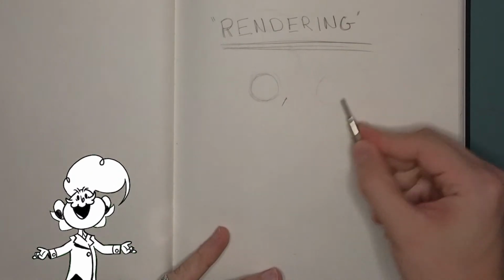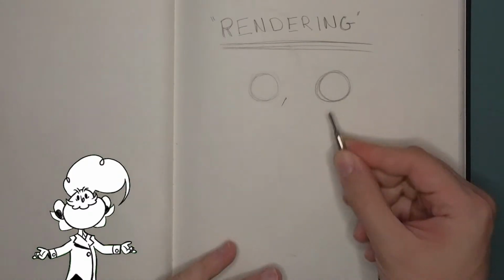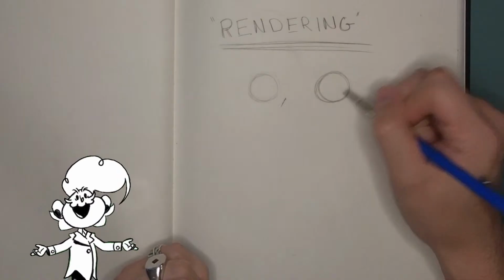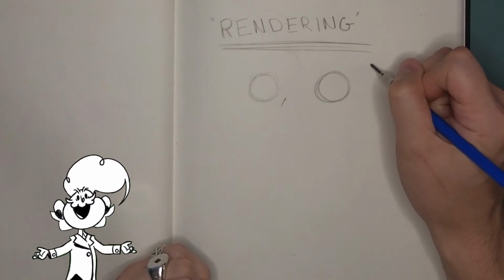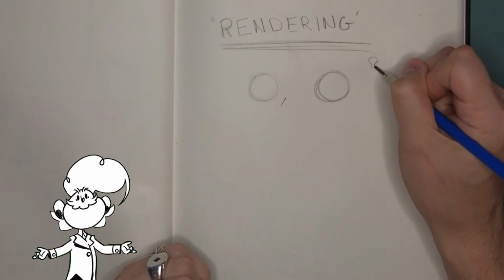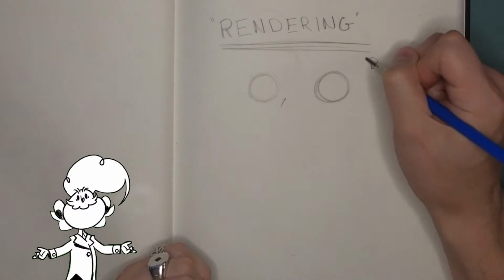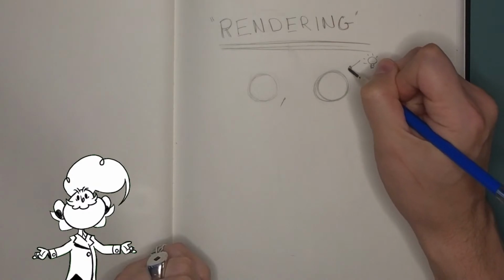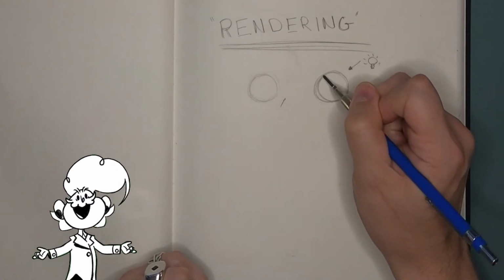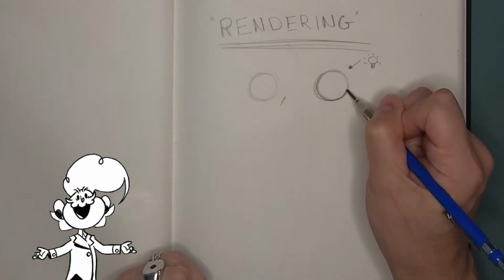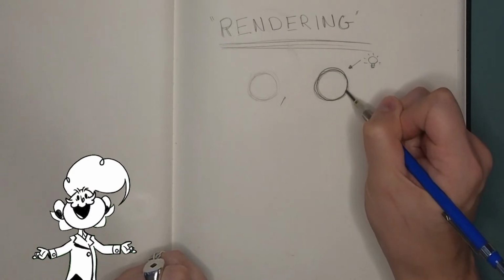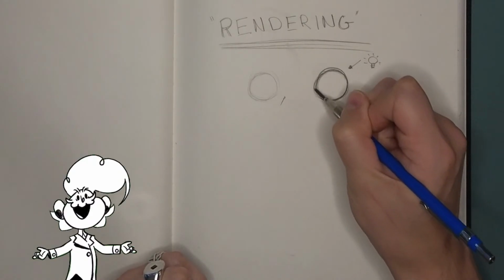But anyways, rendering is all about light, understanding and communication. So if we have a light source over here, and it's hitting this three-dimensional sphere, the goal here was to communicate a three-dimensional sphere and not a circle.